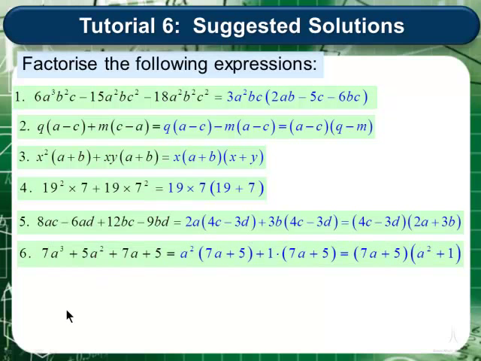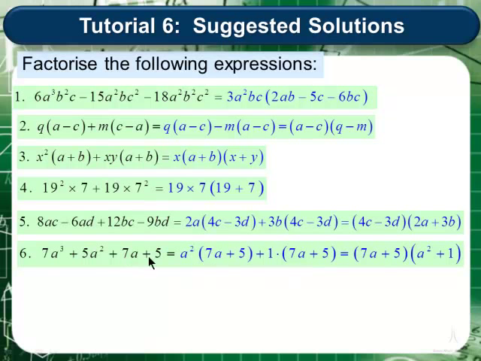In problem 6, we're again given 4 terms, and in this case we notice that if we take the common factor from terms 1 and 2, that's A squared, we're left with a factor 7A plus 5, and this is exactly what we have for the remainder of this expression, 7A plus 5, and we can write it in this format if you wish.